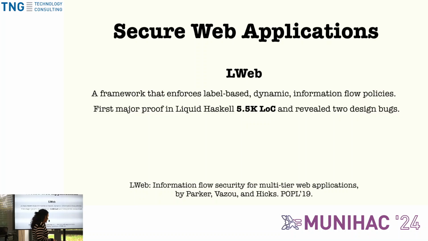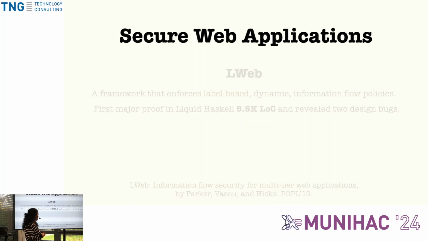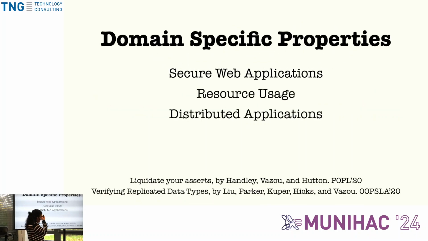And in this proof, I worked with a designer of LWeb, and we found 2 bugs, which were in the corner cases of checks. And yes, secure web applications is a domain where you can prove many properties because they are very well-defined properties, but you can also use refinement types and Liquid Haskell to prove other domain-specific properties, like resource usage with Graham. We have developed a monad that reasons about runtimes, or there is a proof about distributed applications.